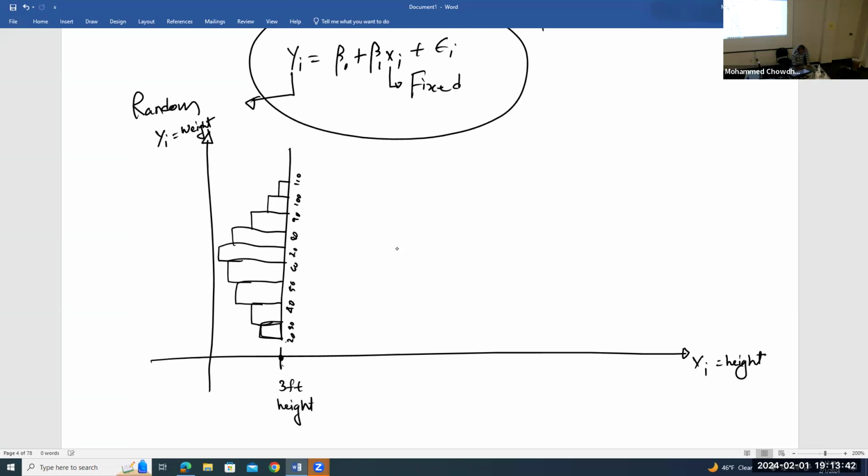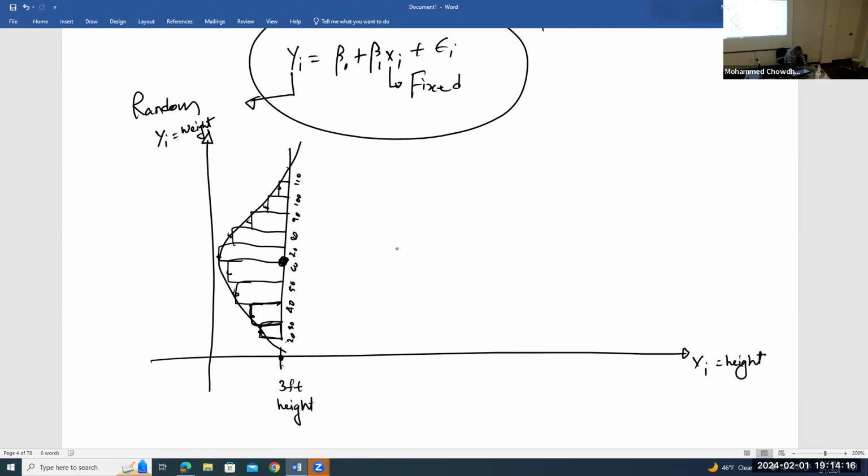Then 30 to 40, suppose there are 20%. So I got a distribution of the weight for a fixed height that is normal. And then I got their mean in there. A normal distribution has a mean, right? I am constructing how linear regression is constructed.